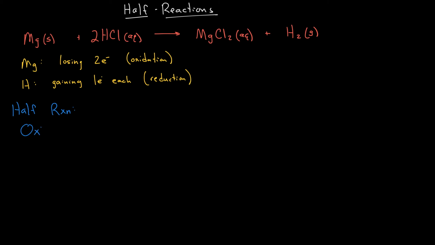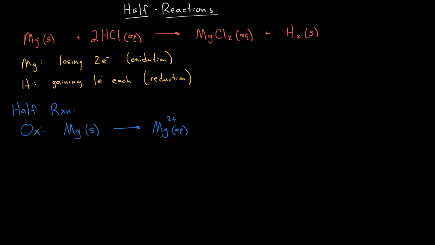Okay, so for the oxidation one, we're just going to write down what magnesium does. In this case, magnesium is going to go from a solid to a magnesium 2+. That is going to be the oxidation half reaction.